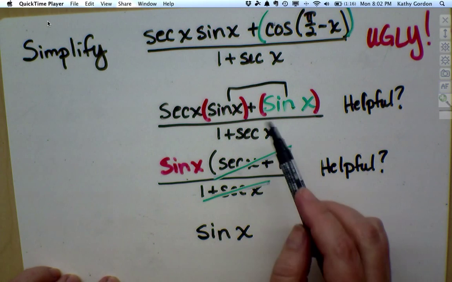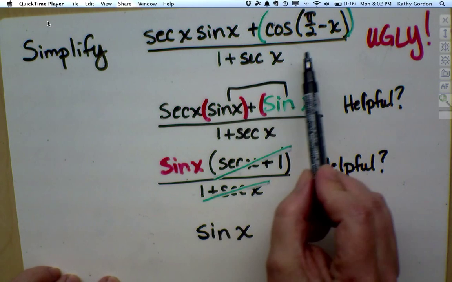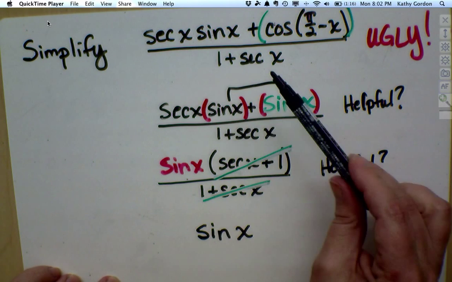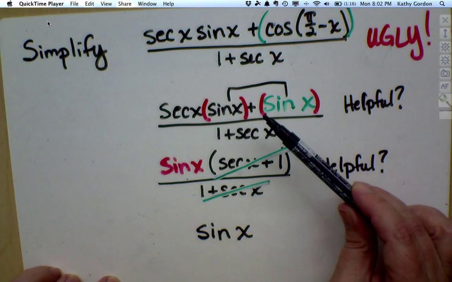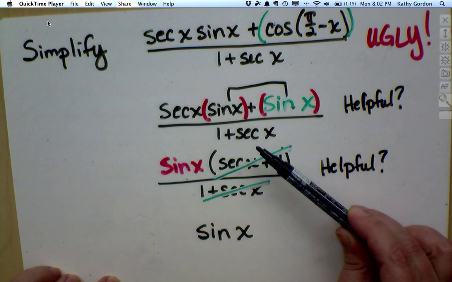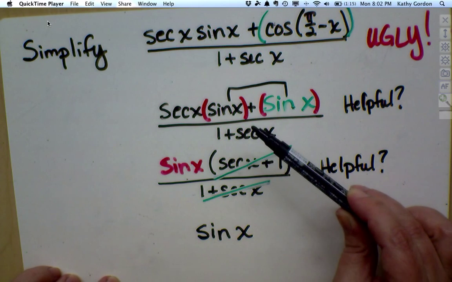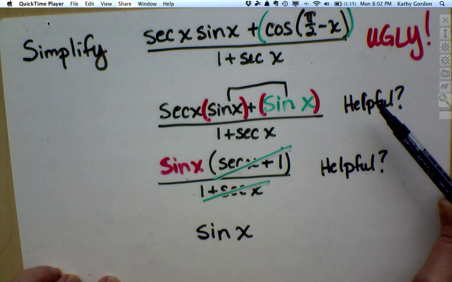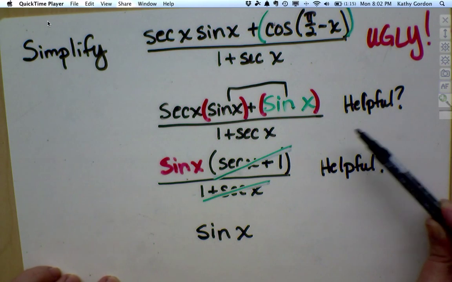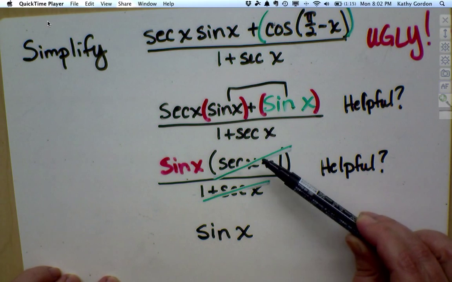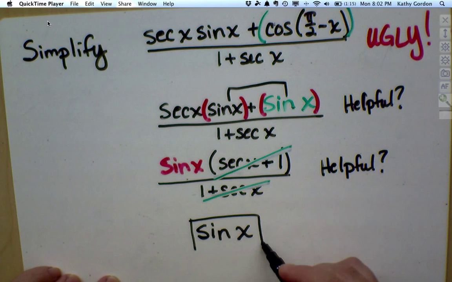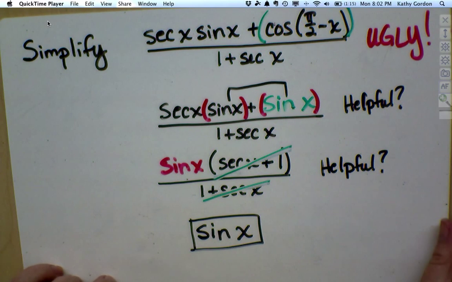So we took this ugly, complicated, complex expression that we started with, and by going piece by piece, step by step, looking for algebra and identities that would be helpful moves that are going to get us simpler and simpler and simpler, we eventually get down to just sine of x. That's pretty simple.